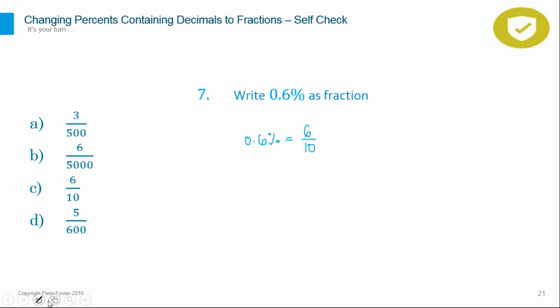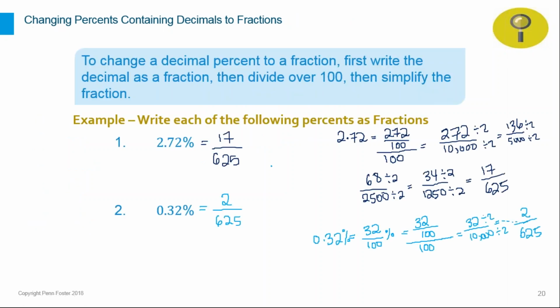If I go back to the previous slide to show you why I divided over 100 there, remember we had 2 decimal places. To get rid of the decimal point, I count how many decimal places, and that is how many zeros in my multiple of 10. So 2 zeros and then a 1 before that, that would be 100. That's why it's 100, not 10.